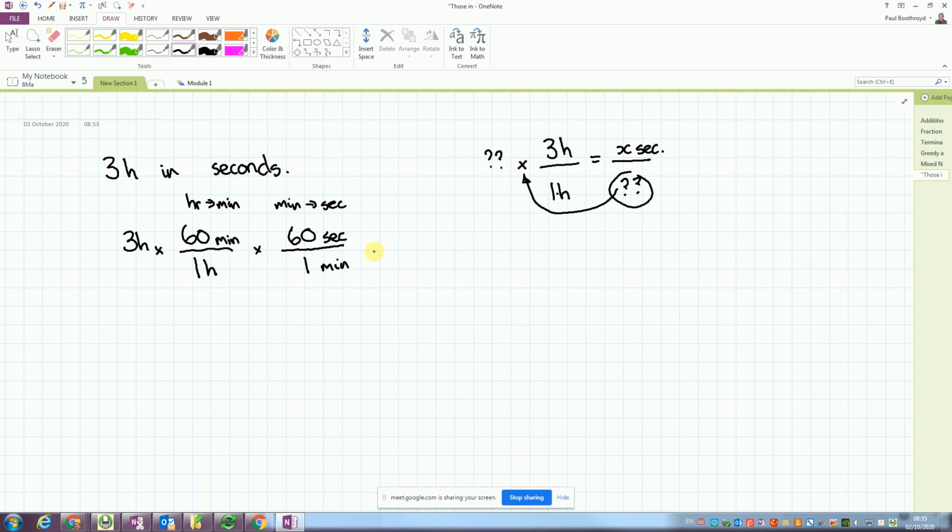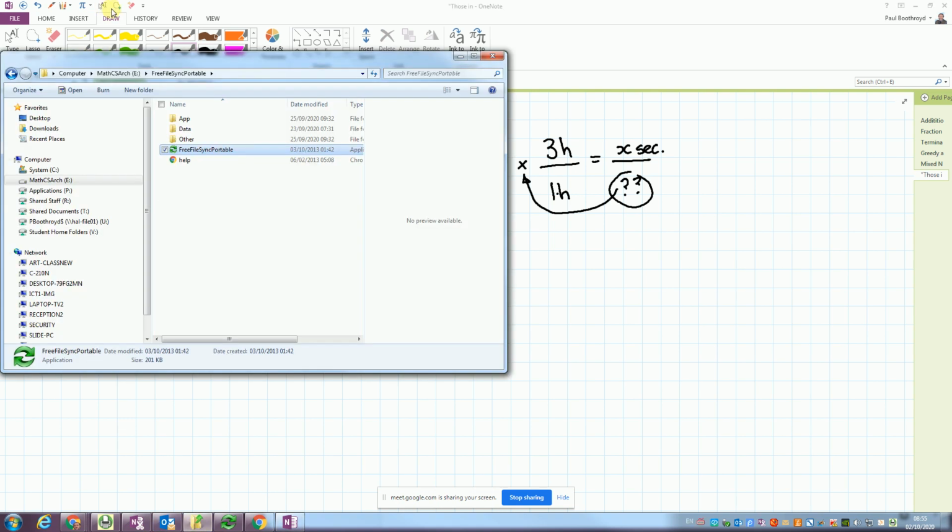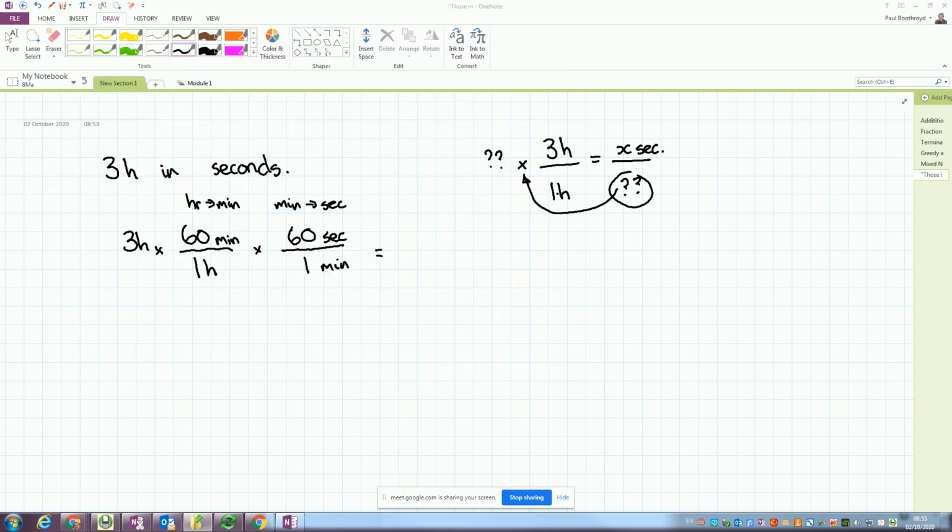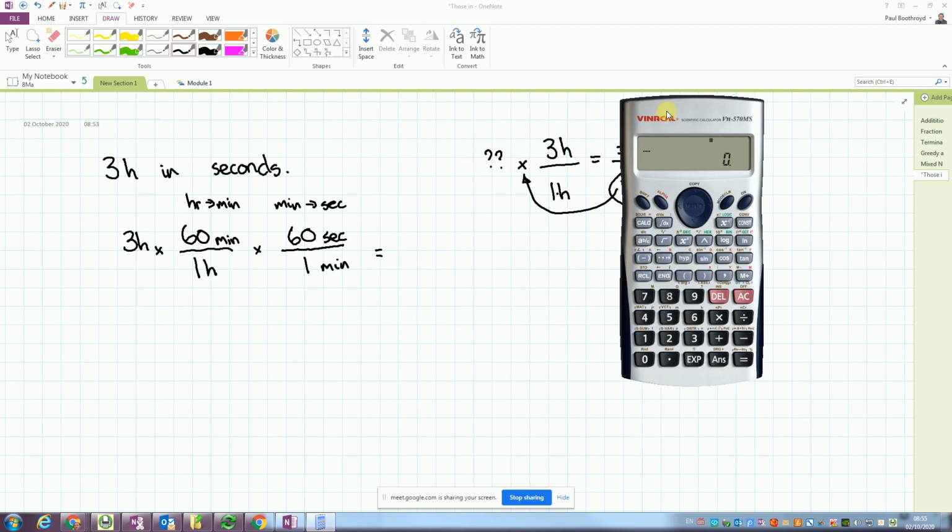And when I convert those, I now get a conversion without having to know a conversion from hours to seconds in my head all the time. I now have a conversion I can do using a calculator. Where's my calculator gone? There it is.